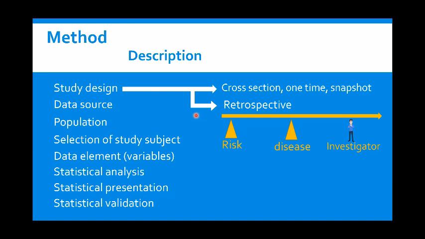So the researcher will collect all the disease patients and then start to search out what are the risks that can cause it. And usually they do that by recall. So they ask the patient to use the best of their memory to find the relation between the risk and the disease.